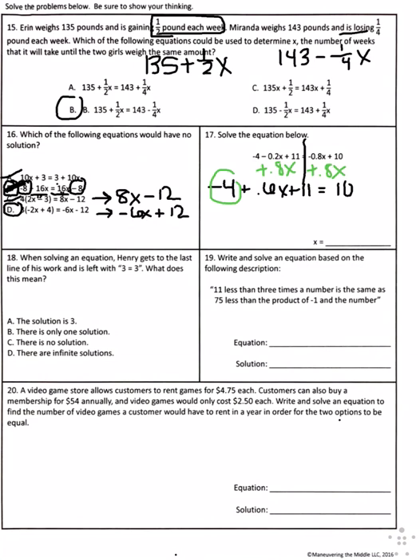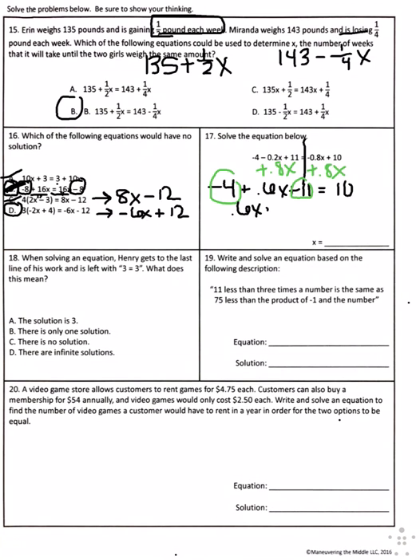We combine the negative 4 and the 11. Negative 4 plus 11 is going to give us 7. Still combining like terms, now by doing the opposite, we do a minus 7. 0.6x equals 3. Our last step is to divide, and 3 divided by 0.6 gives us 5.